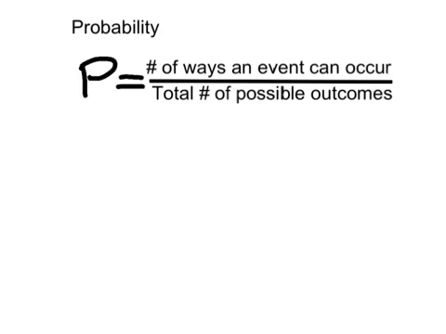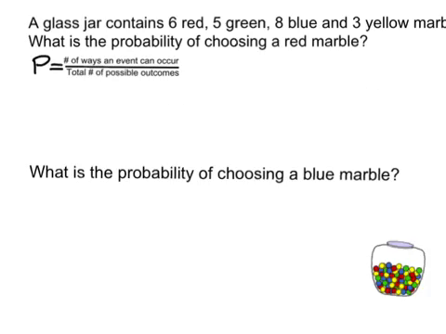Example number 3. Alright, this is the part where we're going over probability. The formula that we're going to use, the top number should be the number of ways an event can occur, and the bottom number, we're going to use the total number of possible outcomes.